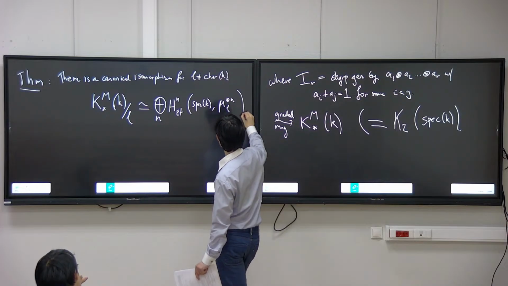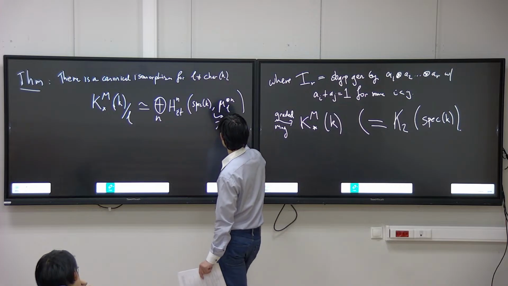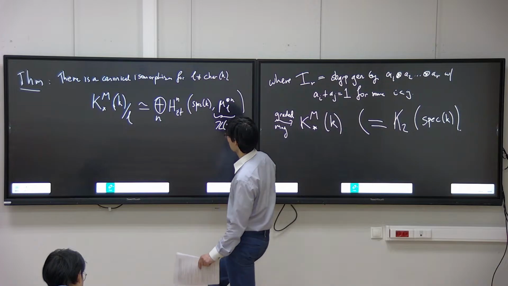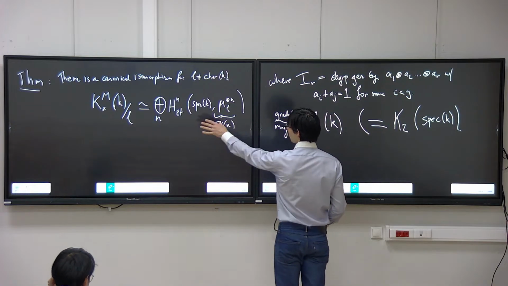So you can think of this maybe as something like Z(n), I guess, in some sense, for the Étale theory.